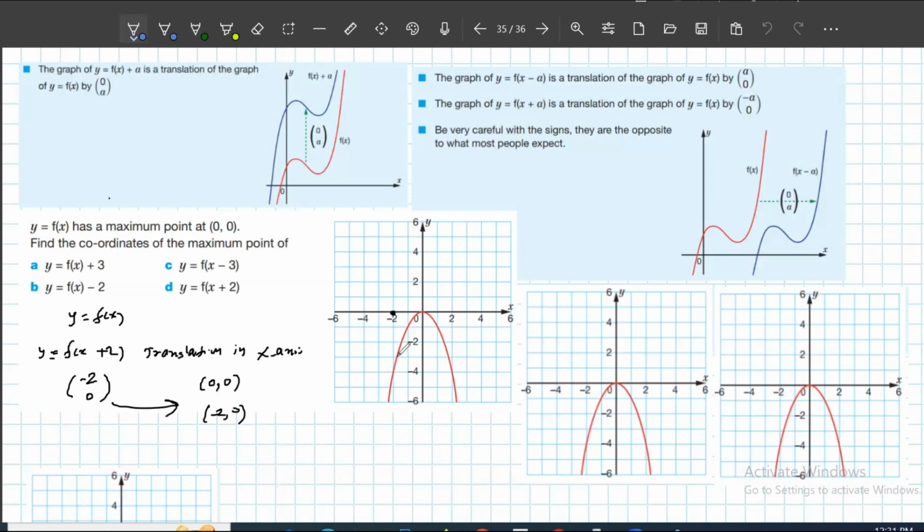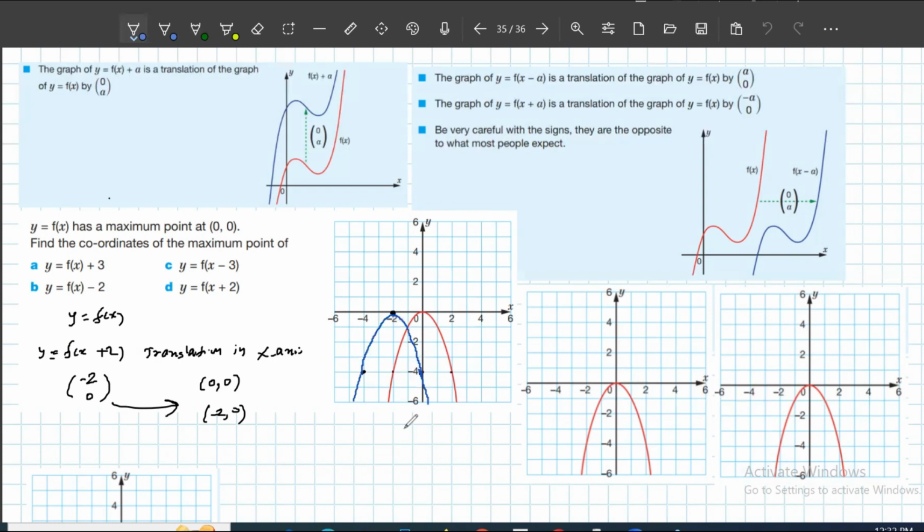After this, each x value will move 2 units left. For example, this point will move 2 units left, 1, 2, and this point also 1, 2. So your new shape is like that, like that. I hope you get how to apply a translation concept in graphs.